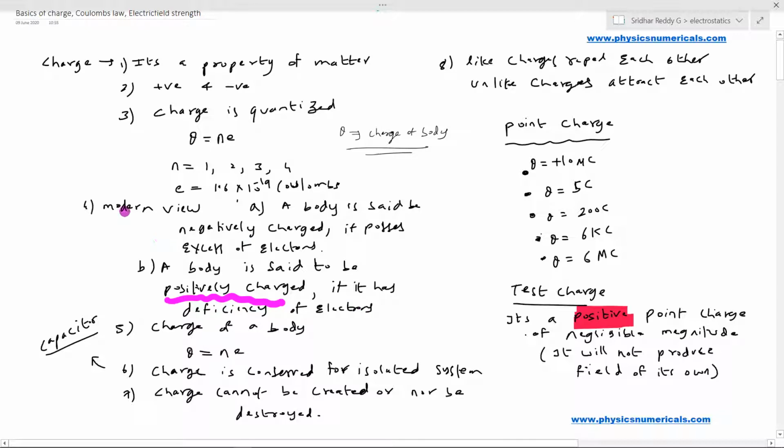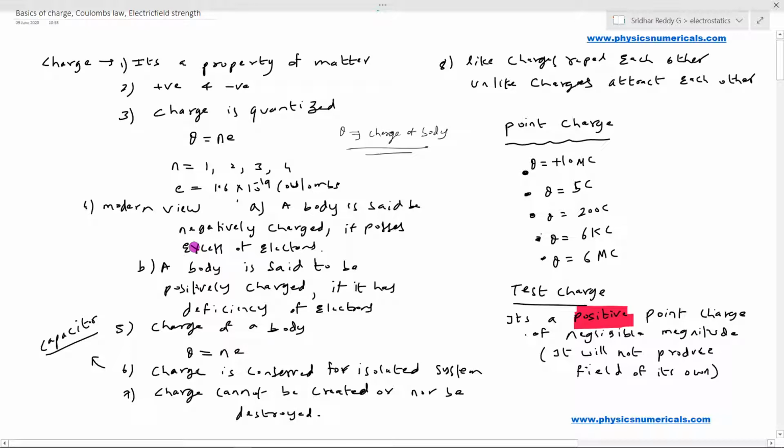See, these things are the modern view. After the 19th century, we have this idea of what positive charge and negative charge of a body mean. But we are going to discuss this in the 16th or 15th century sense. So what is the idea for us? There is something called positive charge. I can give a positive charge to a body, or I can give a negative charge to a body.